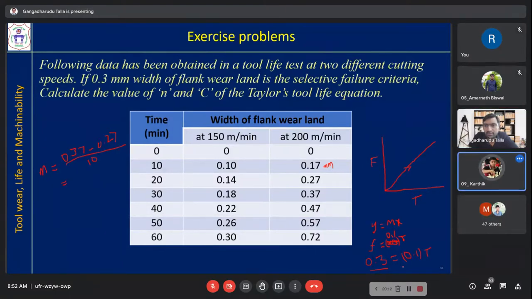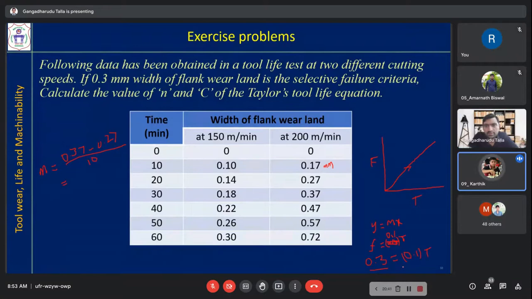Okay. Sir, maybe we can consider a point. We can compare slopes between the points: 30, 0.37 is one point, and 20, 0.27 is another point.